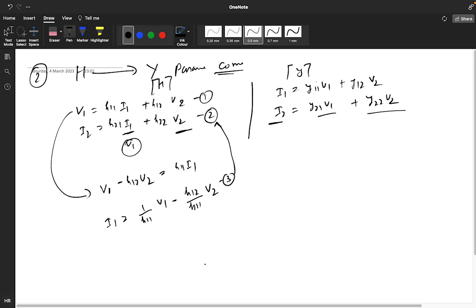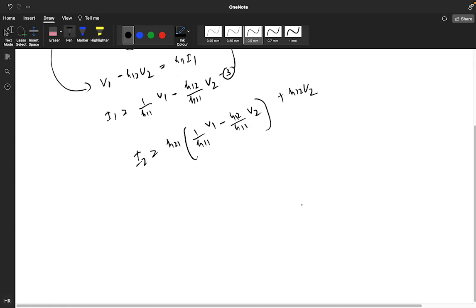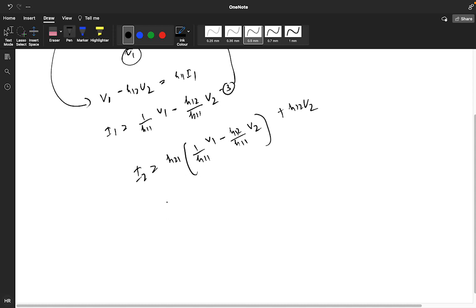and substitute this equation 3 into equation 2. What will you get? I2 is equal to H21 times 1 upon H11 V1 minus H12 by H11 V2, plus H22 V2. Solve this and get the result. What result are you getting? I2 is equal to H21 by H11 V1.